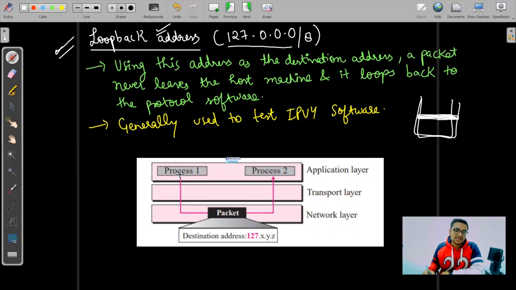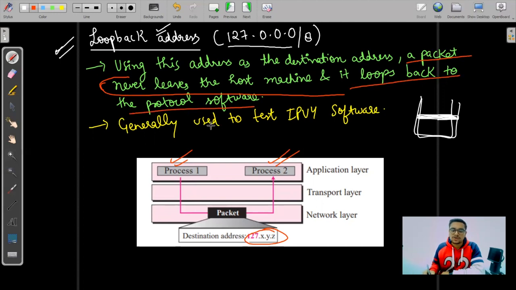It sends a packet using 127.0.0.0 as the destination address, and that packet will never move out of the machine. It will move to the network layer and loop back to the process itself. That is why it is known as the loopback address. A packet never leaves the host machine, and it simply loops back to the protocol software from wherever it was called. As I told you, it is generally used to test the software that is built.